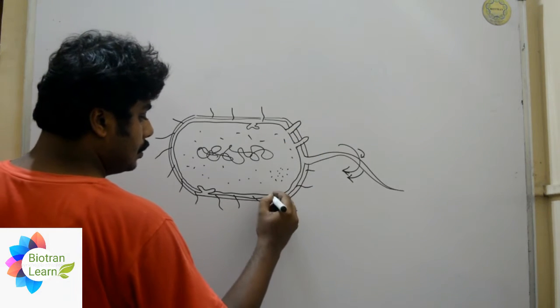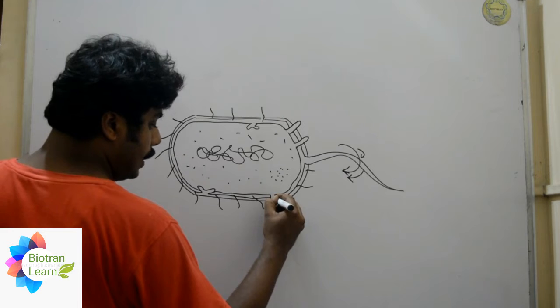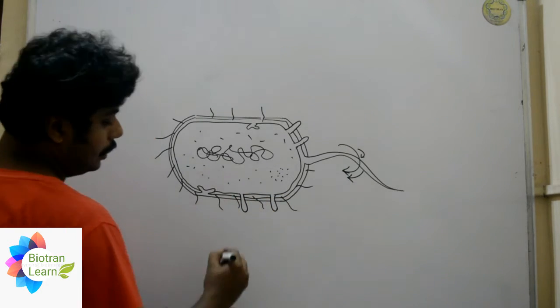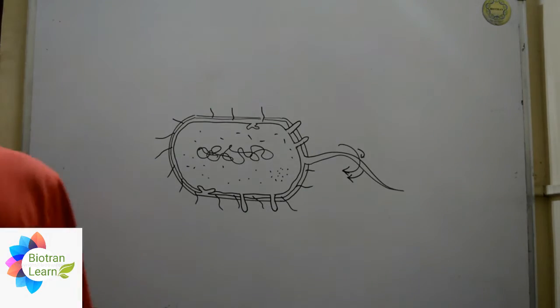large structures. These structures that develop from the cell membrane are known as pili or fimbriae, right?